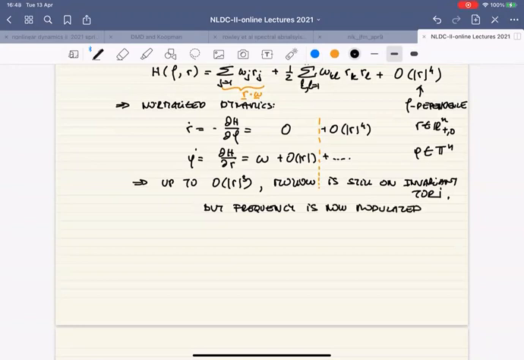Okay, so fundamentally, you still have this picture for each and every motion. The only thing is that on individual tori, who knows what exactly happens?